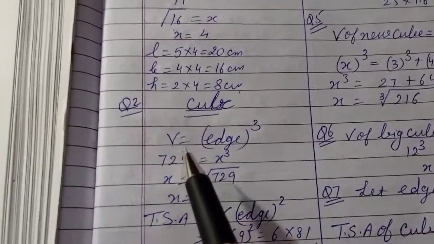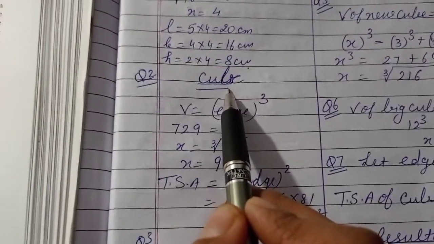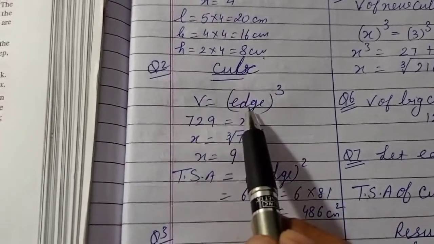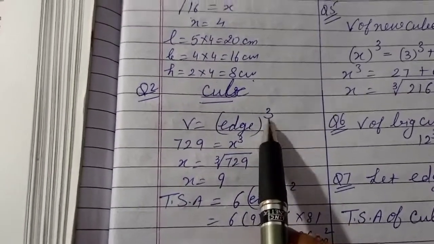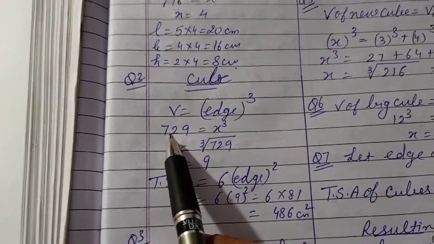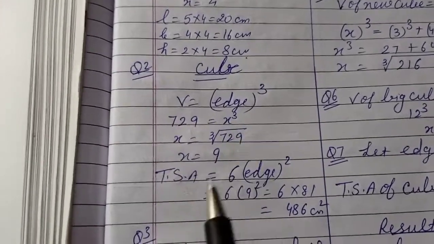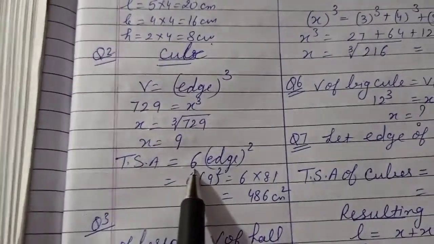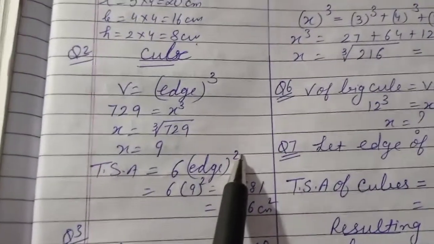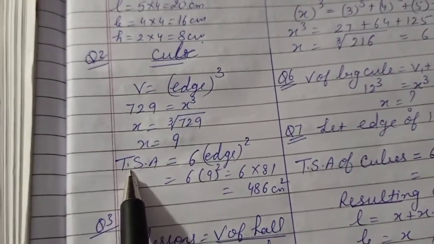Second question, volume of cube. See children, this is a cube. Next figure is cube, and volume of cube we know, that is edge power 3. Volume is given to us. Clear? Find the total surface area. Volume is given and we are asked to find total surface area. See children, formula of total surface area is 6 edge square. So unless we find the edge, we can't find total surface area.